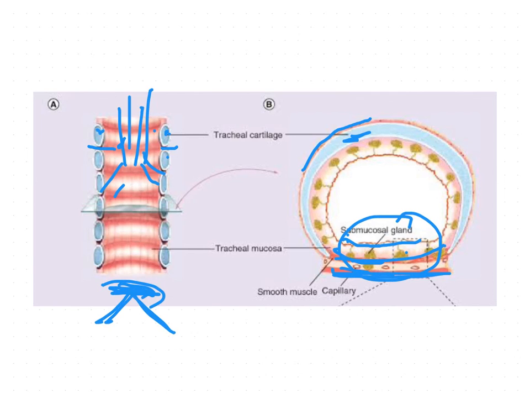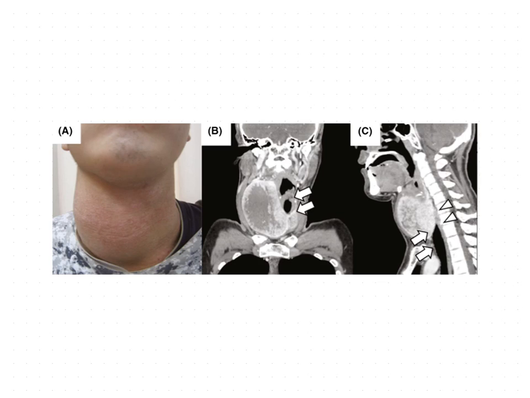And coming to the next part of the applied anatomy. The trachea may be compressed by pathological enlargements of the thyroid. Here you can see the thyroid gland enlargement, as well as the thymus, any lymph nodes and the aortic arch.